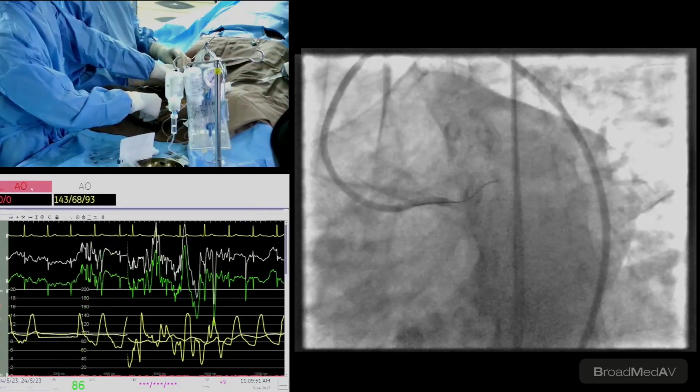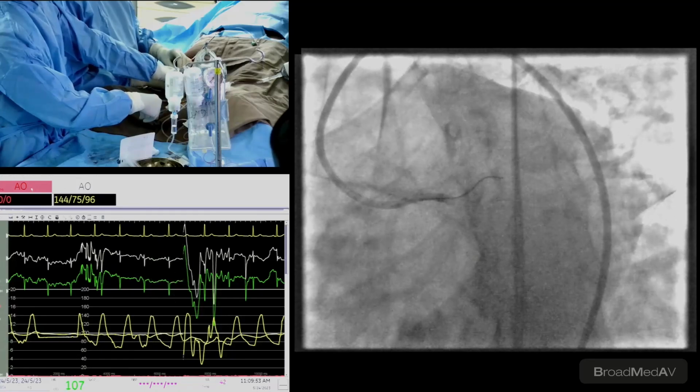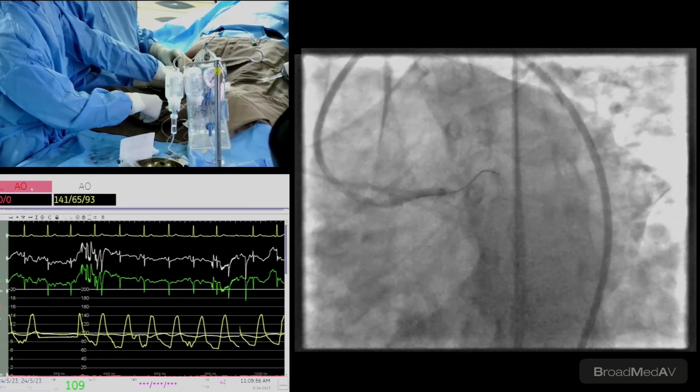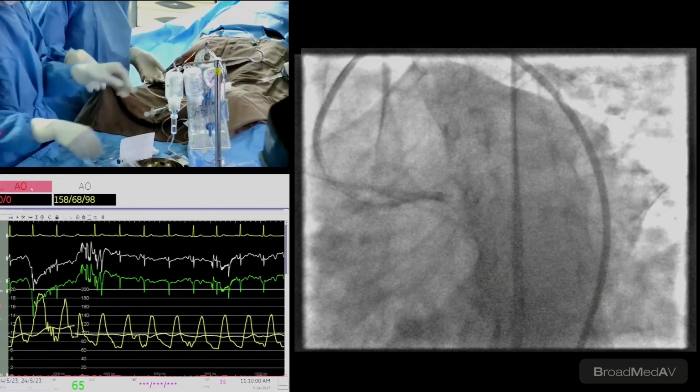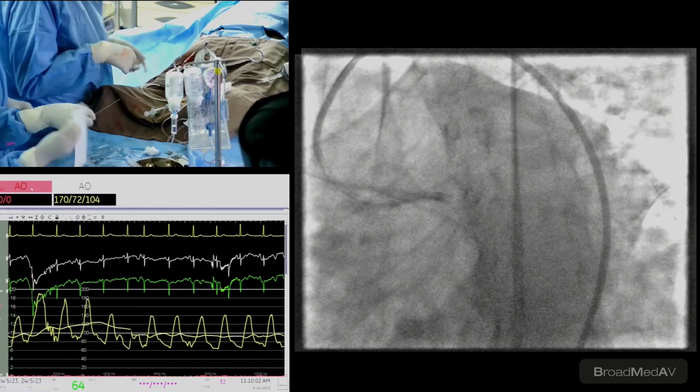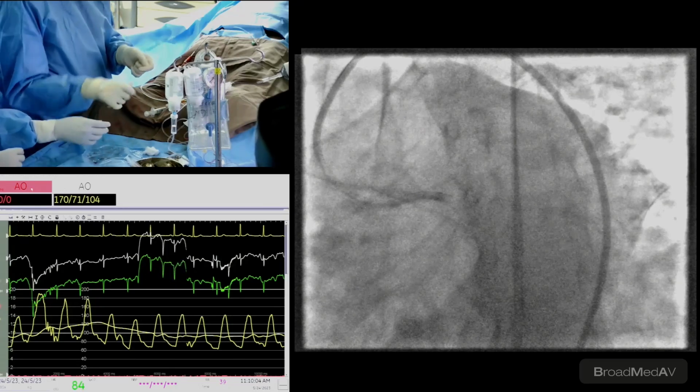So the wire is facing the LAD, the circumflex. Let's take a cine first. Can you, Ajit, take a cine by the time I wire this? Yeah, take a curve here.